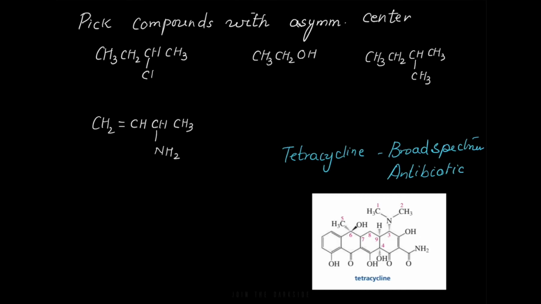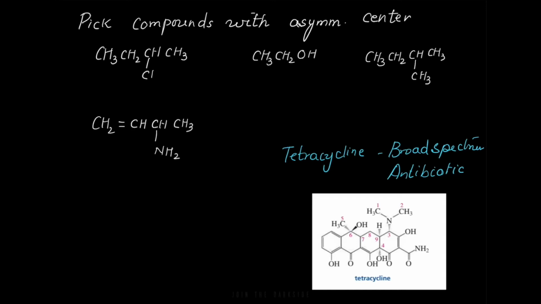For a molecule to be chiral, you need to have an asymmetric center. Here are some more examples. Pick compounds with an asymmetric center. Remember, for an asymmetric center, you need to have an sp3 carbon, and the 4 groups should be different.